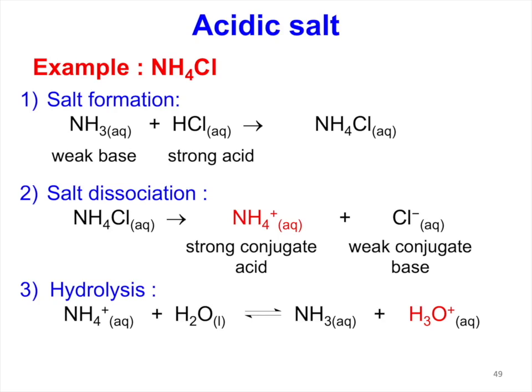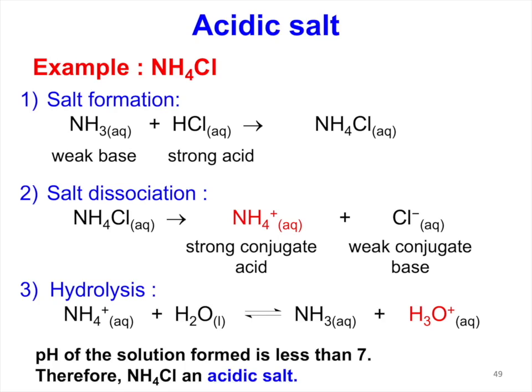So since H3O+ is produced in this process, the pH of the solution formed is less than 7. Therefore, NH4Cl is an acidic salt.